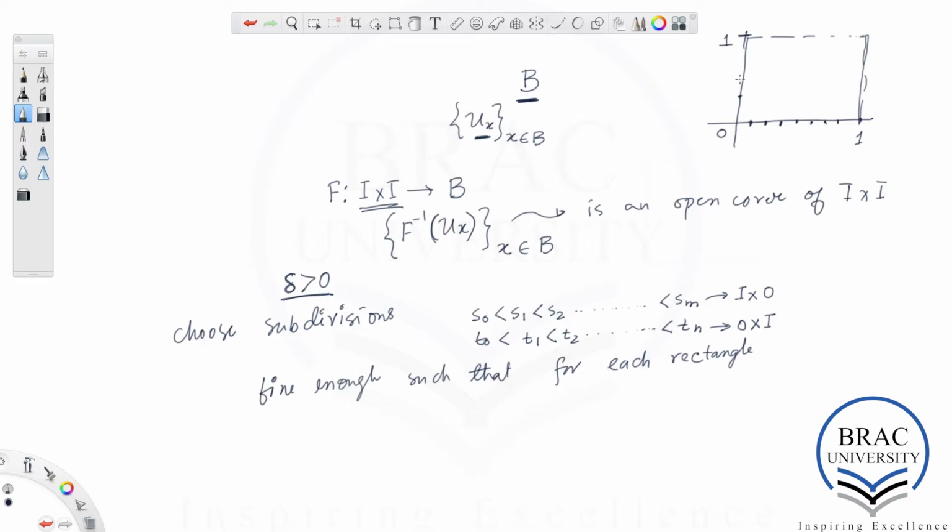And this is the partition of 0 cross I. And then we have these elementary rectangles, right?